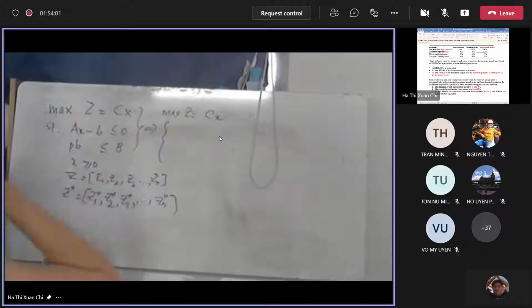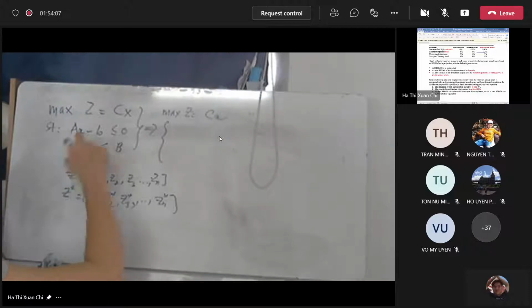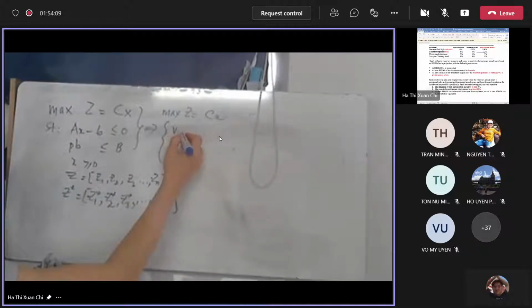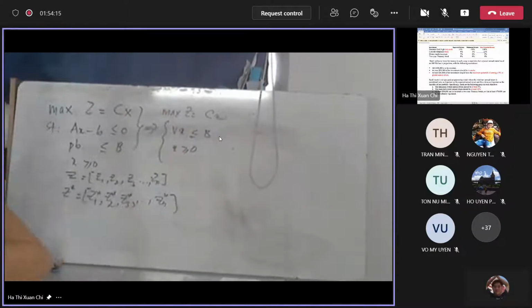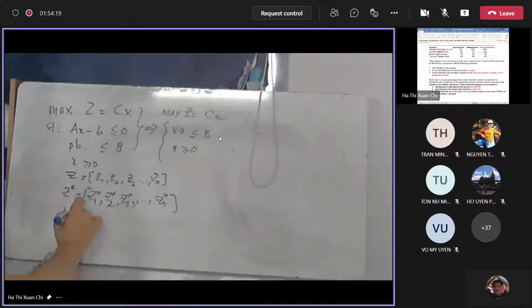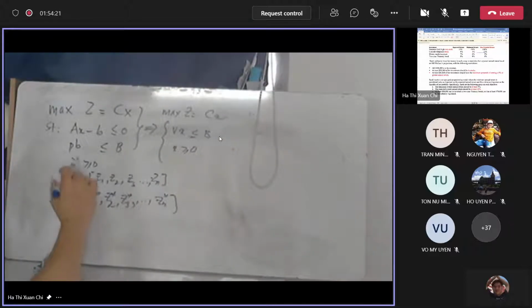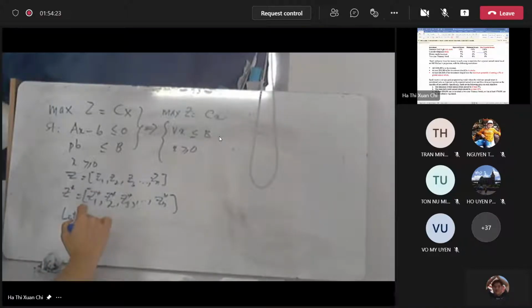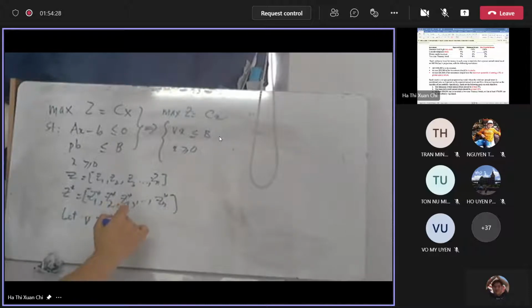But here I rewrite that as Vx less than or equal to B and x greater than or equal to 0. Here I let V equal PA.